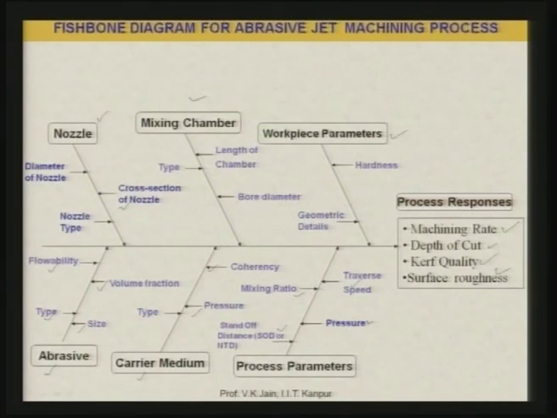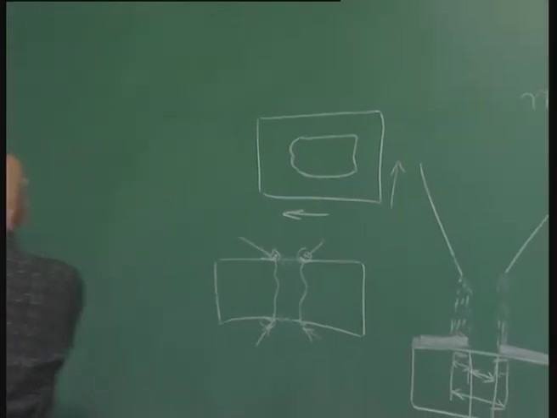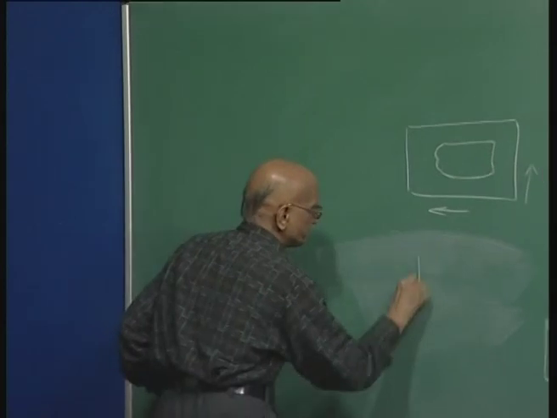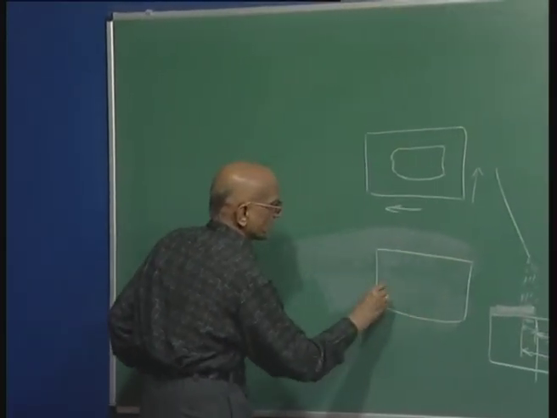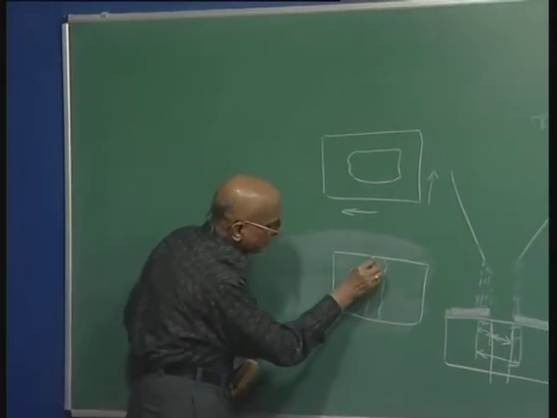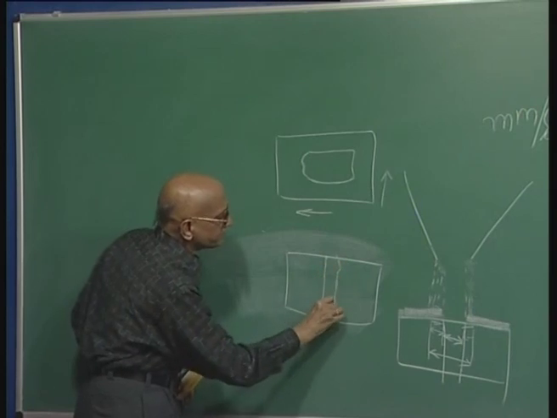What is this kerf quality? When you are cutting this workpiece over here, say this workpiece you want to cut, you are cutting it like this. Then what is the quality of the surfaces after cutting this piece?